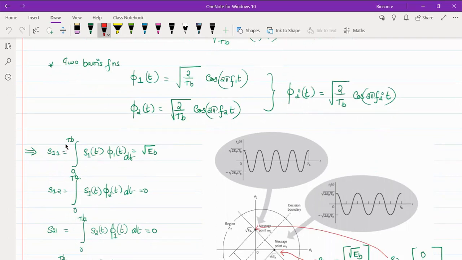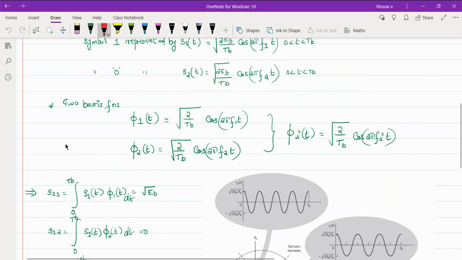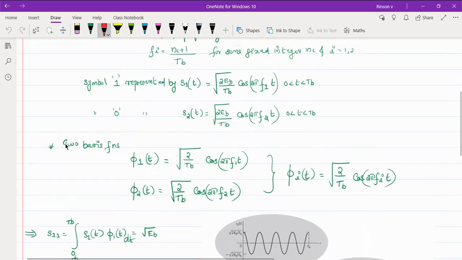Now what is S11? S11 is the inner product between the signal S1 and Phi1, or the contribution of Phi1 in S1 in the basis Phi1. You can find that directly from this equation itself: root 2 by TB cos 2 pi F1 t is Phi1, so S1 is root E into Phi1.